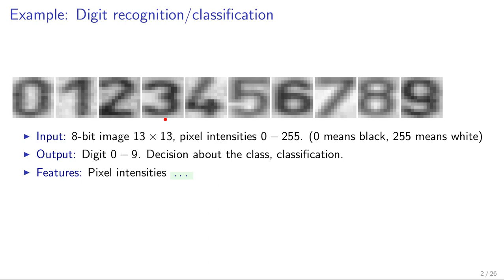Those are our features. So it's 13 by 13. And we classify whether it's one of these digits from 1 to 9. So the output of the classifier is this digit, and it's a decision about the class, or classification, and features are the pixel intensities.